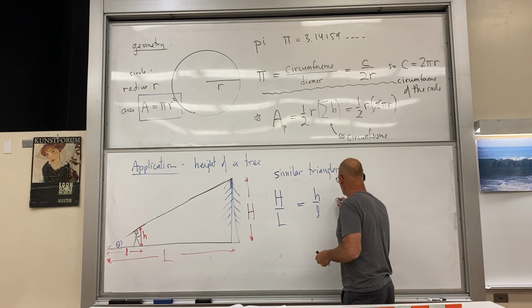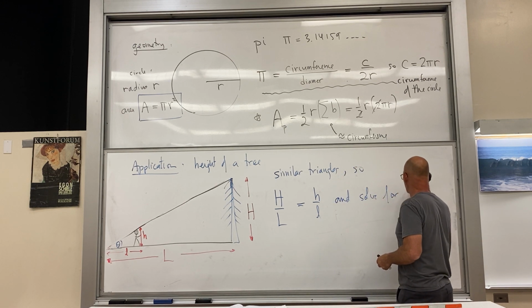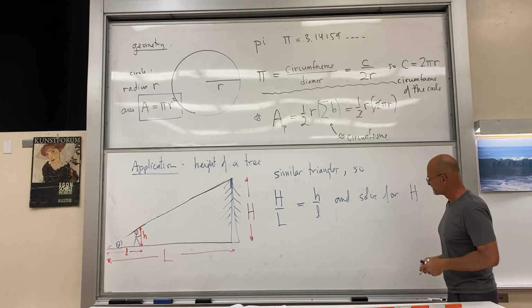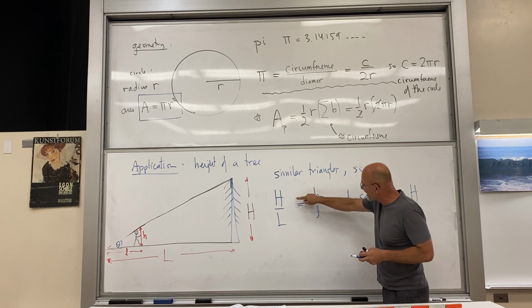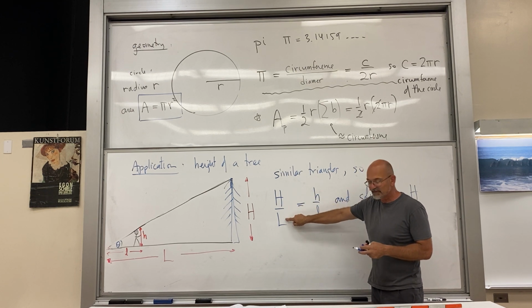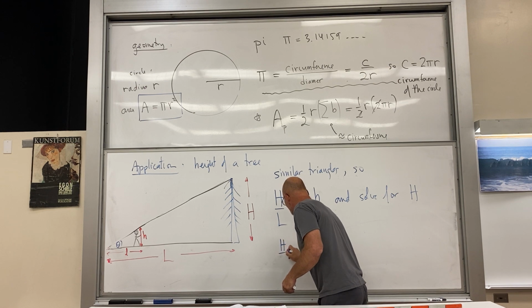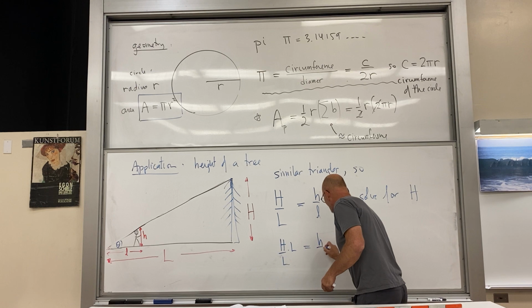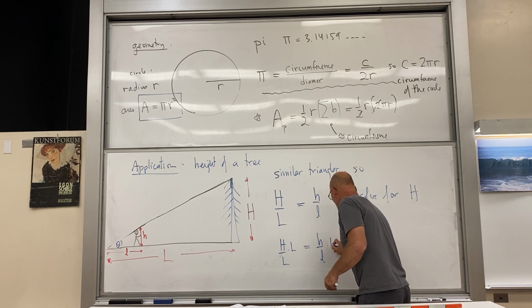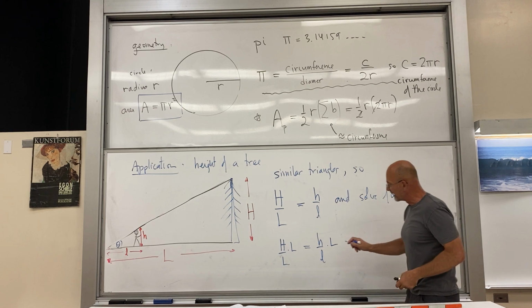So solve for capital H. Solving for capital H would just mean to multiply both sides by capital L and then cancel the L. So H over L times L, right? I multiplied both sides by the same thing.